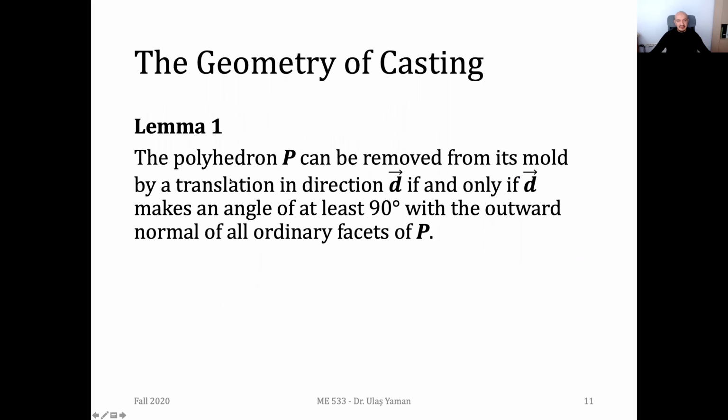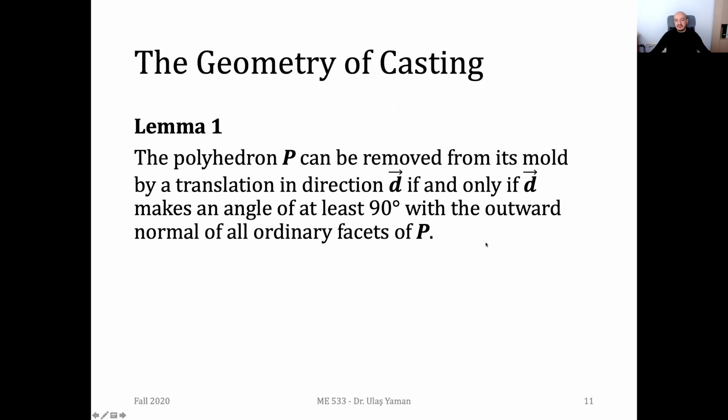So this is actually the summary of the discussion in the previous slide. The polyhedron P can be removed from its mold by a translation in a given direction d, if and only if this direction vector makes an angle of at least 90 degrees with the outward normal of all the ordinary faces of P. So if it has a problem with any of the faces, then we cannot say that it is castable.